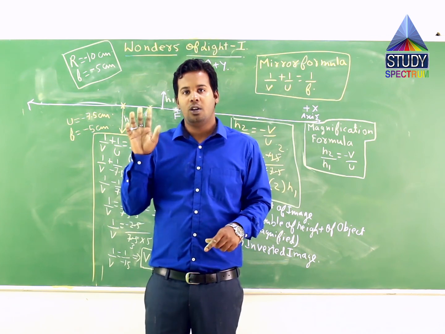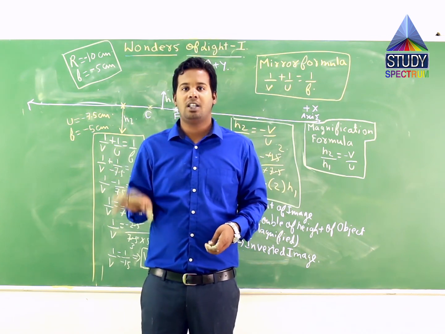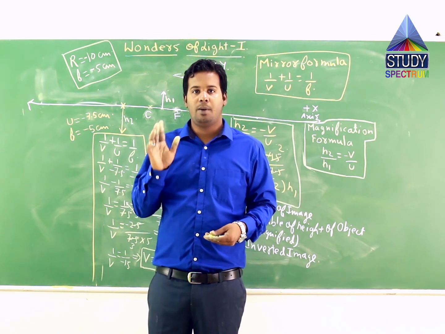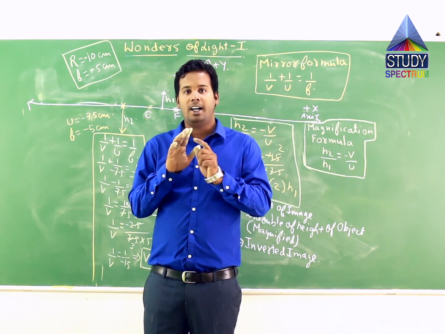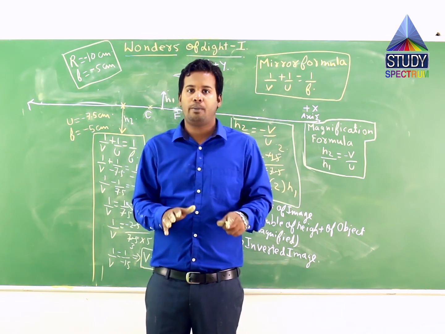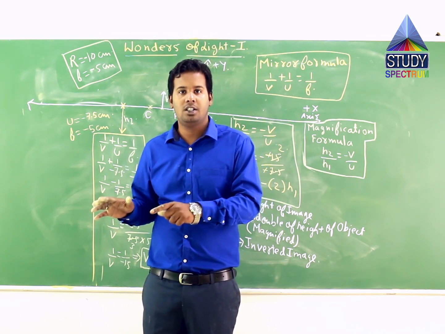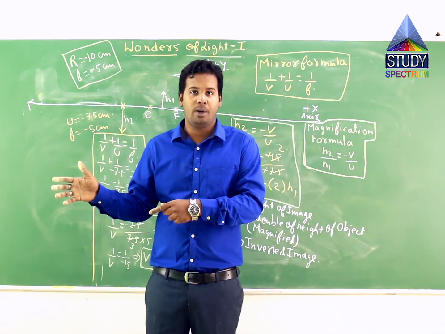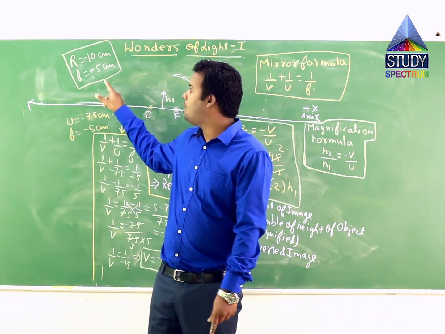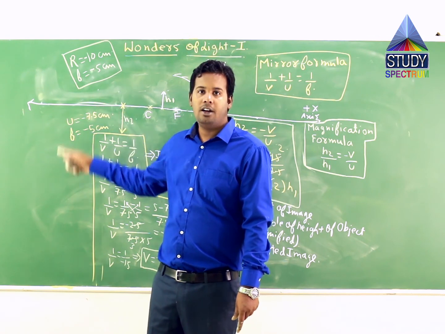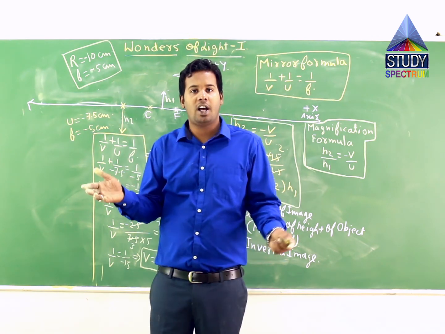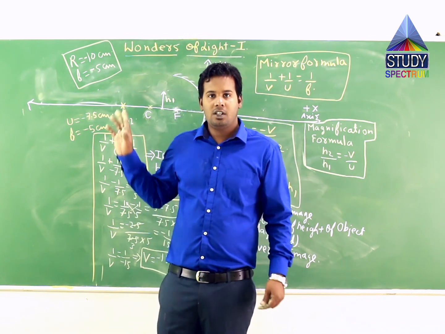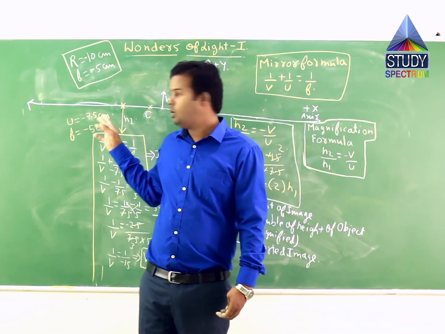In that case, you have to take what data has been given, the value of u or f or whatever has been asked, okay? But for theoretical questions, when data has not been given and you are supposed to describe the nature of the image, position of the image, height of the image or anything, in that case you can every time assume these values and calculate on your own within no time, and this is how you can memorize the table also. We will see the next two cases also.